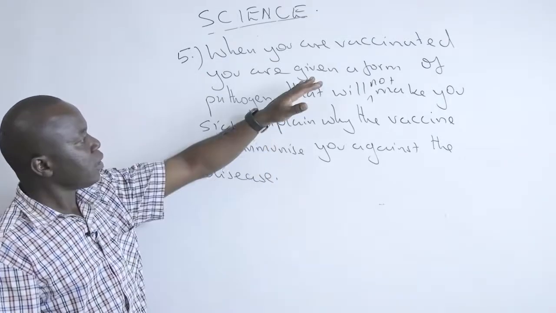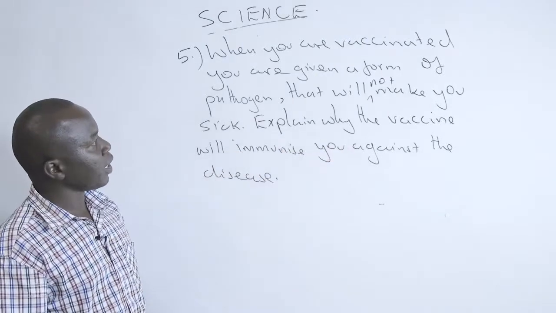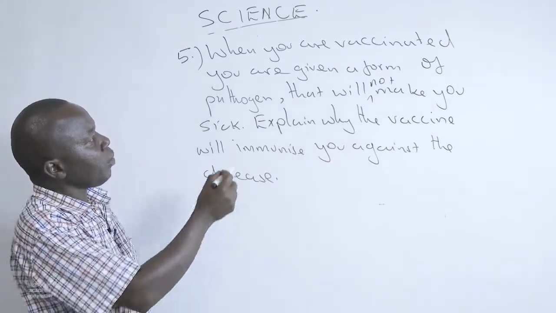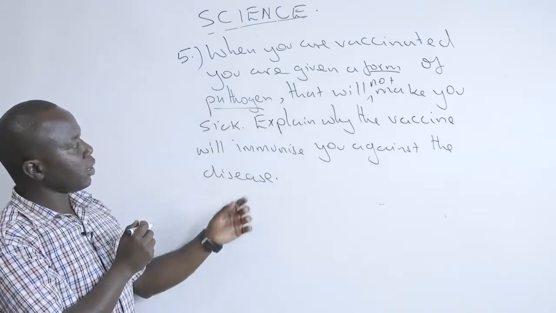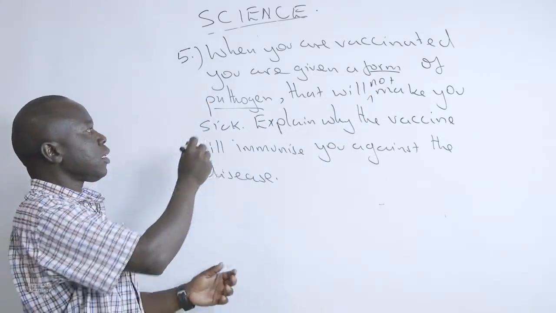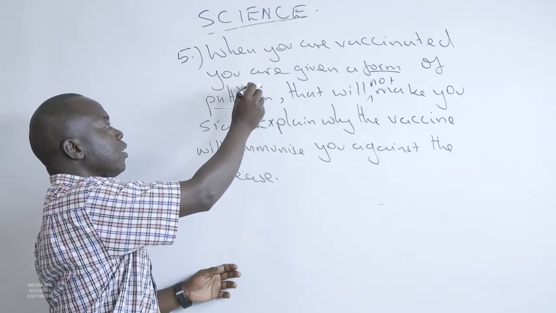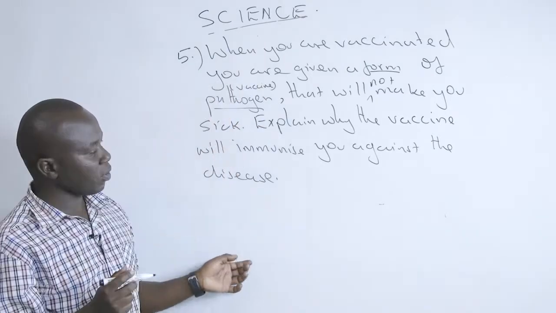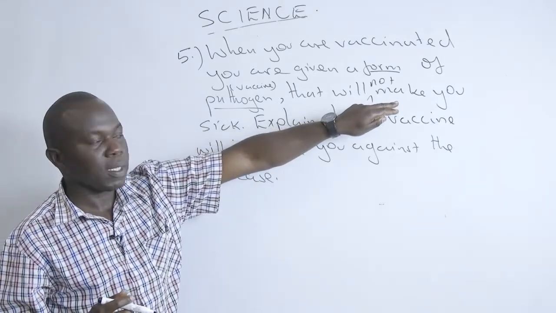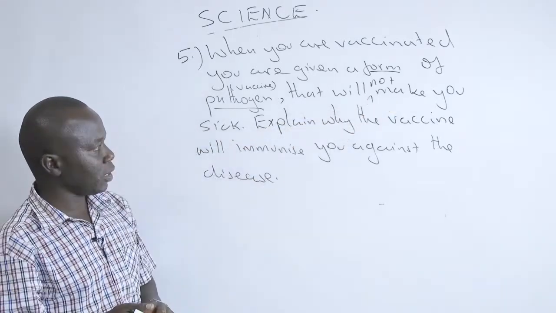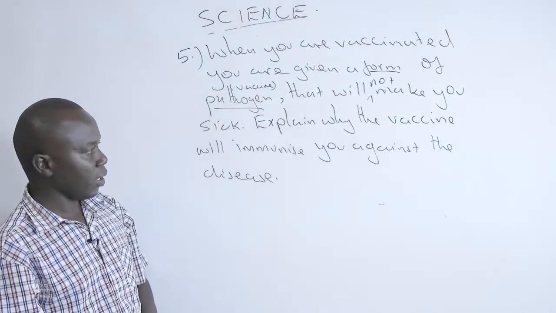So we have already gone through this several times. We have said when a weak form of a pathogen is introduced into the system, and we call this weak form of a pathogen a vaccine, it is not going to make you develop symptoms of the disease because it is weak already.